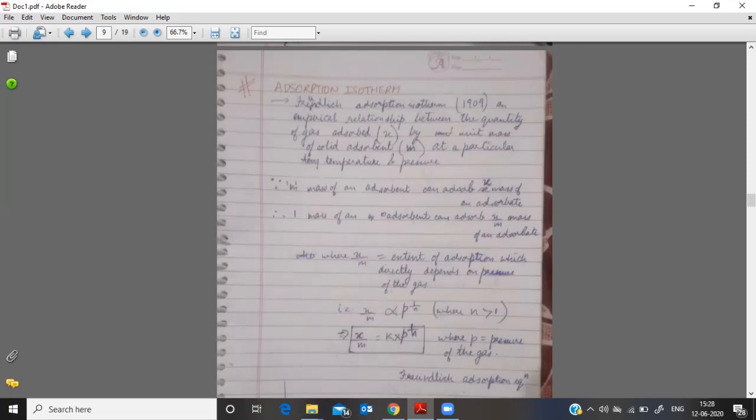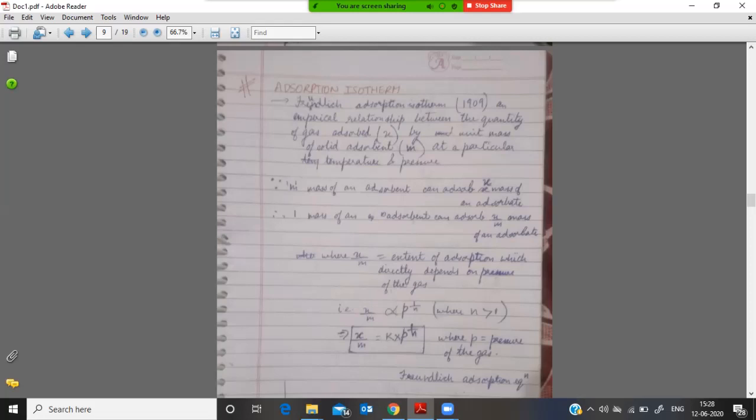So in the state of equilibrium, when the extent of adsorption is expressed in terms of quantity of gas adsorbed, that is x, small x is the mass of gas adsorbed on mass m of the adsorbent at pressure P in the equilibrium state, then the extent of adsorption will be x by m.